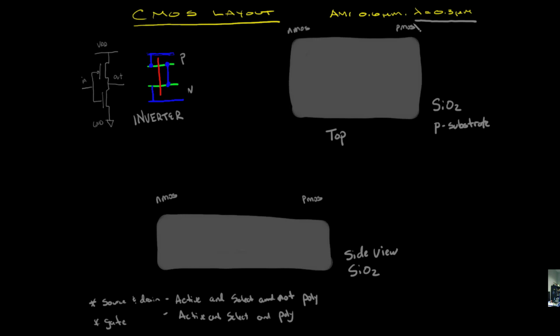What we're going to try to do first is pick an area that's going to have our active area and select area, and in here that is our source and drain for our NMOS transistor, and we'll have a region that's going to be our source and drain for our PMOS transistor.